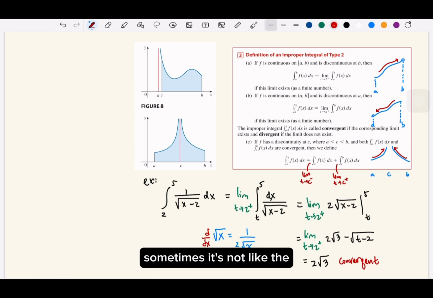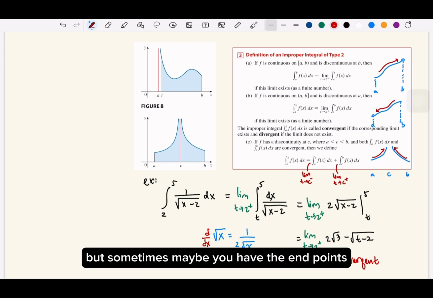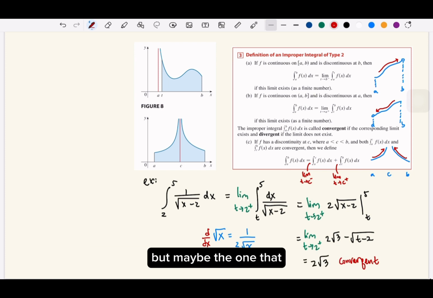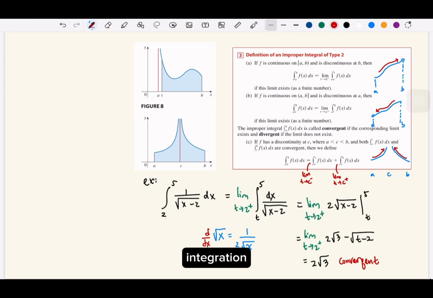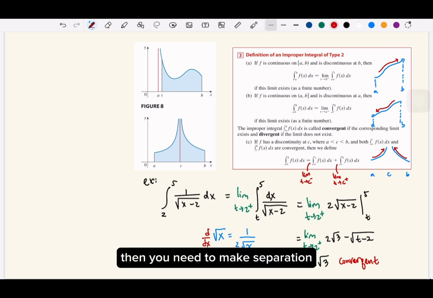Sometimes it's not quite obvious, like this x minus 2, where this is 2. But sometimes maybe you have the endpoints, but the point that makes it discontinuous is in between. So you need to be careful. Always check the domain and whether it falls within the interval of integration or not. Okay? If it's in the interval, then you need to make a separation, and then integrate and take the limit.